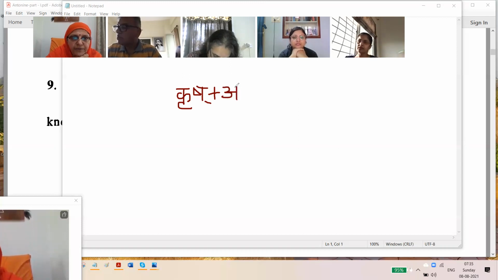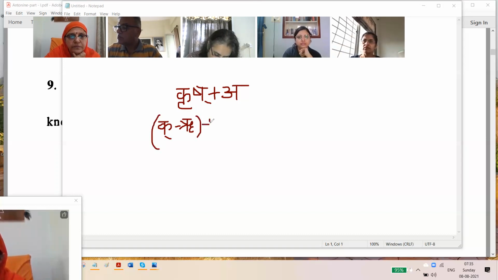Like purush, ka plus ru. This a will cause guna of the short medial ru.